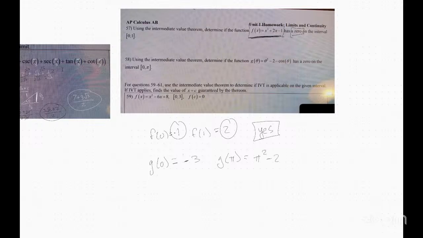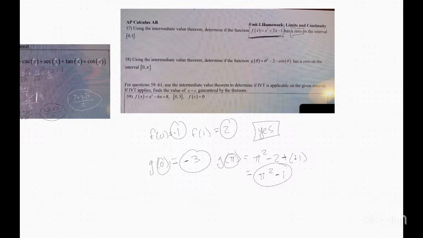Cosine is the x coordinate, pi is 180, so -1, right? Yes. So that equals pi squared minus 1, which is definitely a positive value, right? Yes. So between 0 and pi, it does have to have a 0.